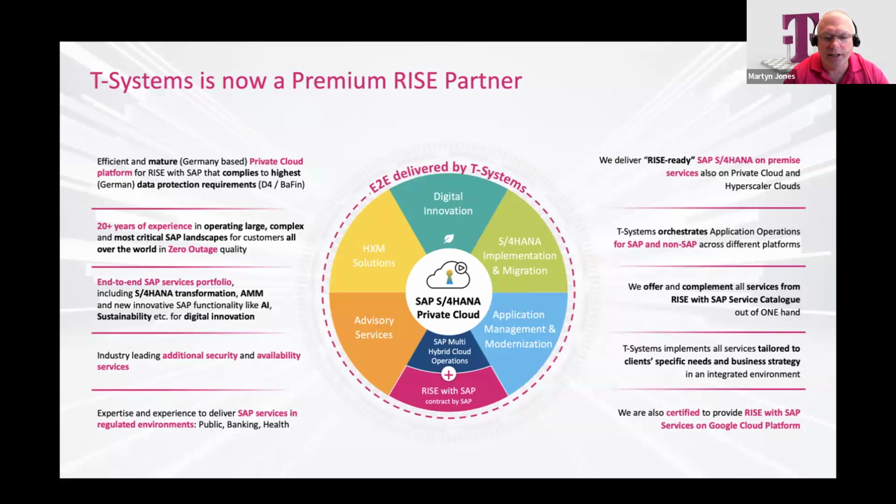That means that we're actually a third-party supplier to SAP to be able to offer RISE products and delivery. So T-Systems can provide not only the public hyperscalers, but also our private cloud offering as well. That enables us to manage any form of capability within SAP for our current customers and obviously new customers as well.